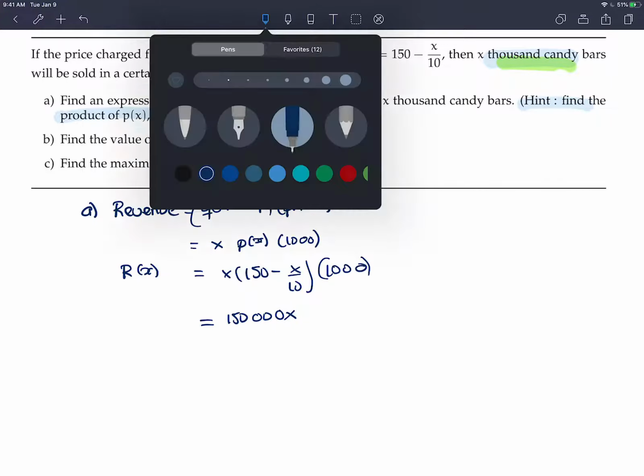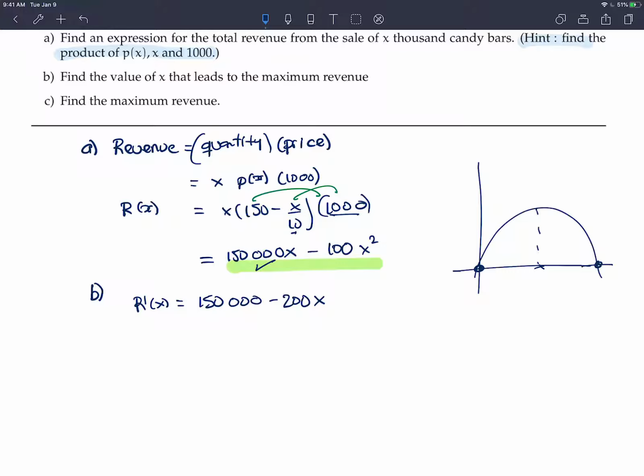The derivative is very simple. It's 150,000 minus 200x. The derivative of the first part is just 150,000, because x is to the power of 1, and in the second part the power of 2 comes down, multiplied by the 100, leaving x to the 1. To find the maximum revenue, it's where the tangent has slope 0, so the derivative is 0.